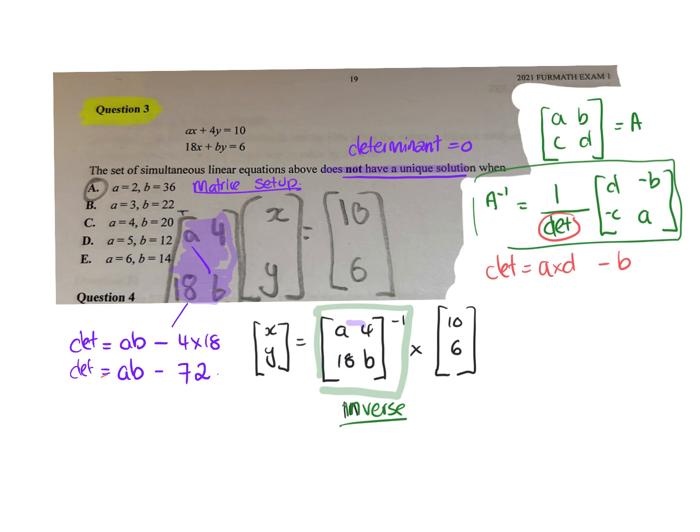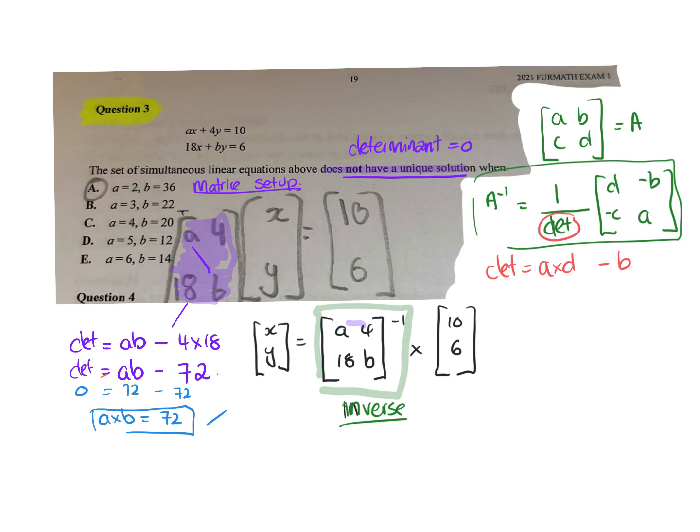So therefore, we need A times B to equal 72, because if we had 72 minus 72, that will equal 0. So what we're going to do up here, you can see that 2 times 36 does equal 72. So that will create it to be 0.